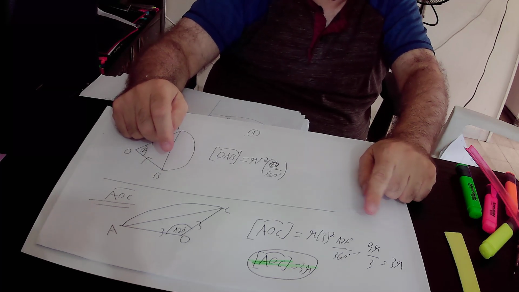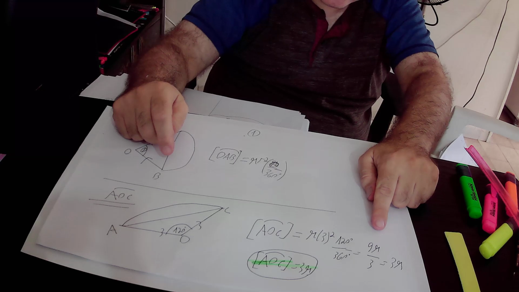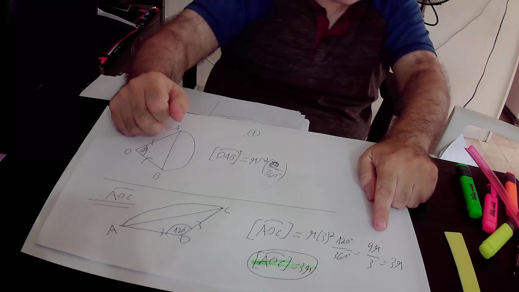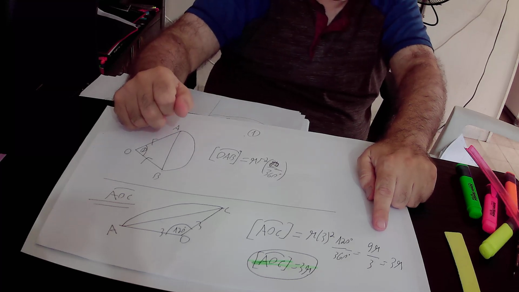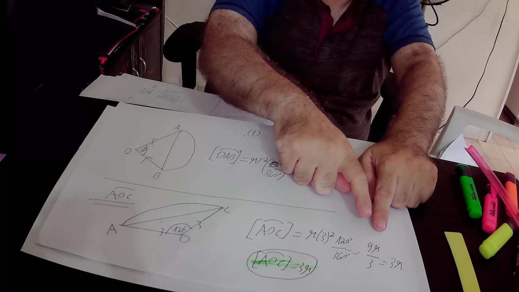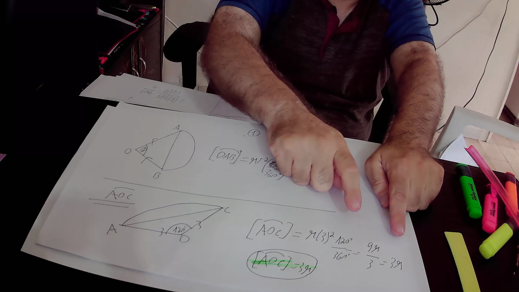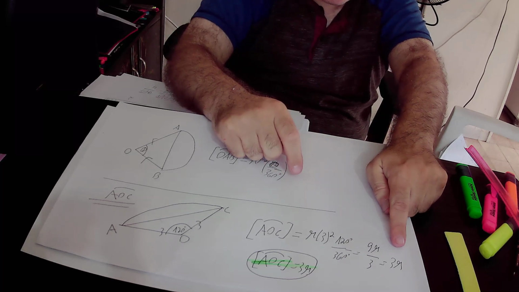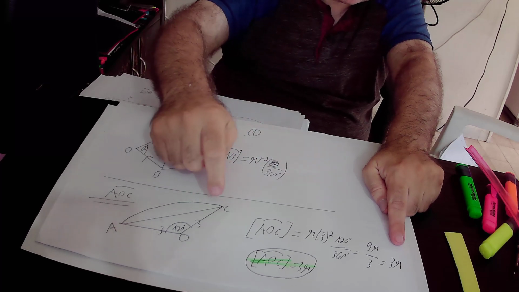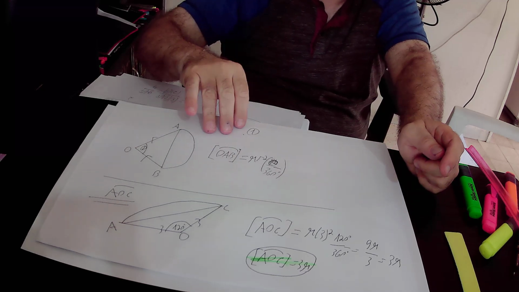Pi 3 squared is 9, so in total this expression equals 9 pi. 120 degrees over 360 degrees is 1/3. So in total this expression equals 9 pi over 3. 9 over 3 is 3, so in total this expression equals 3 pi. So we found out that the area of sector AOC equals 3 pi square units.